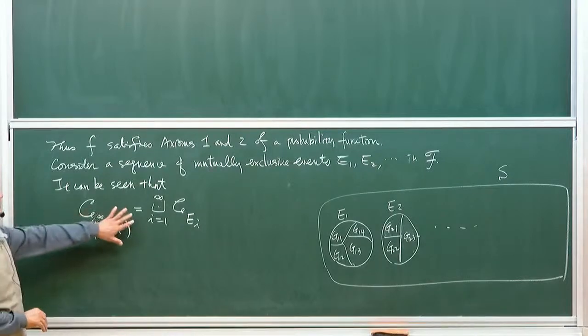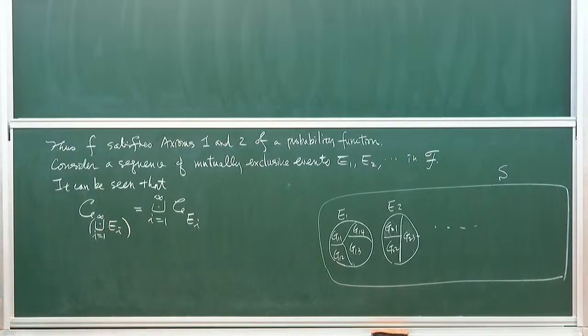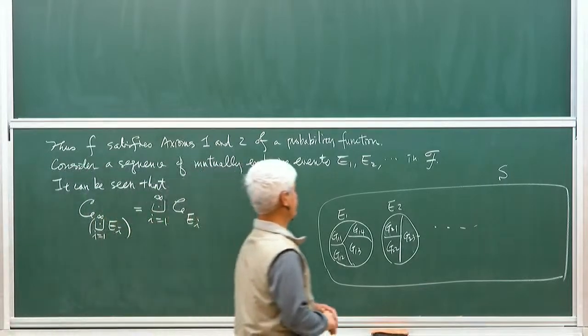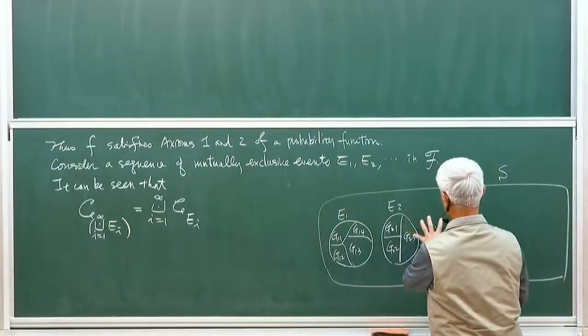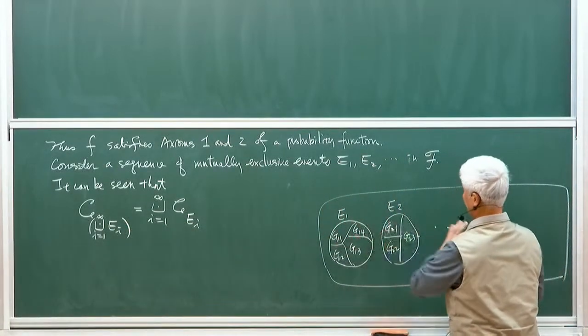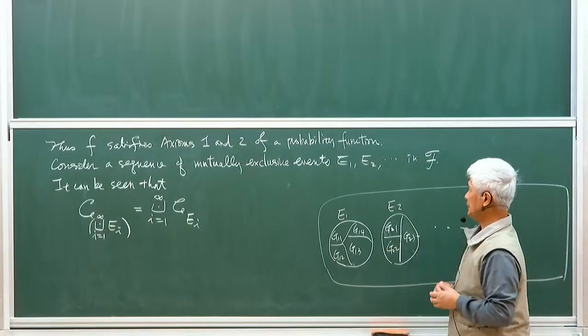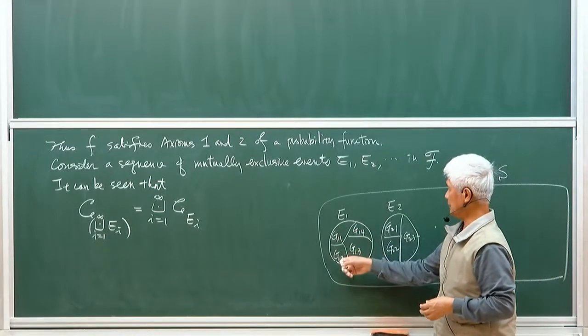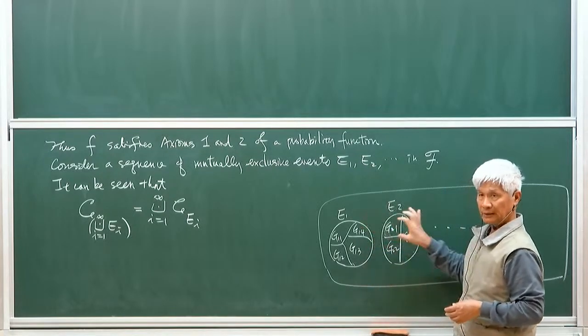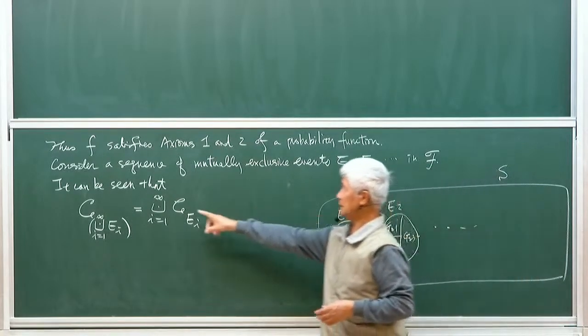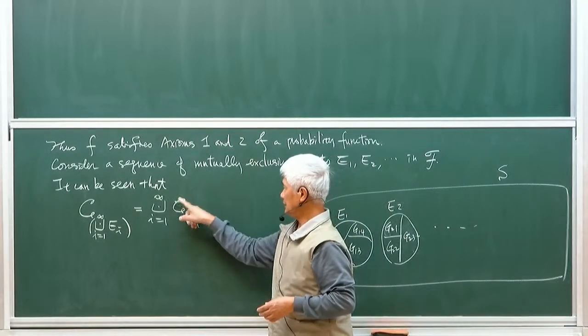Any questions about this identity? The union of the E_i contains atomic events like G11, G12, G13, G14, and G21, G22, and G23. So you just take the unions of all this.